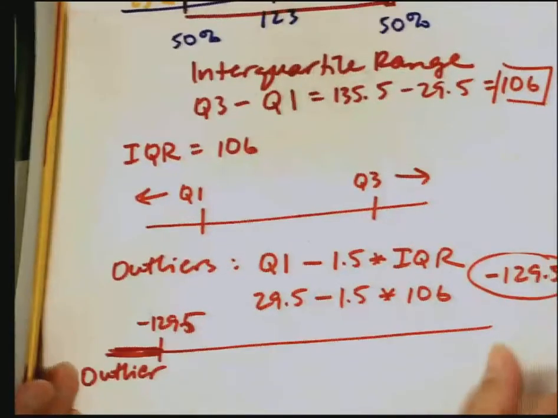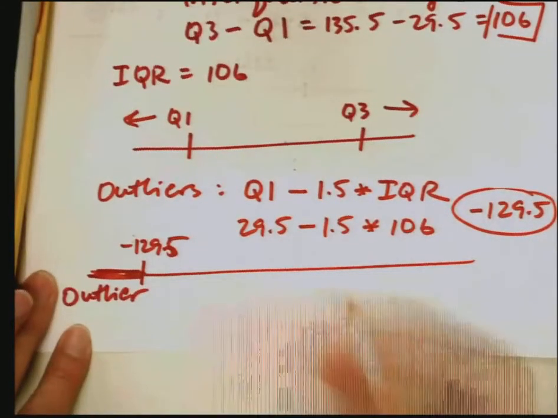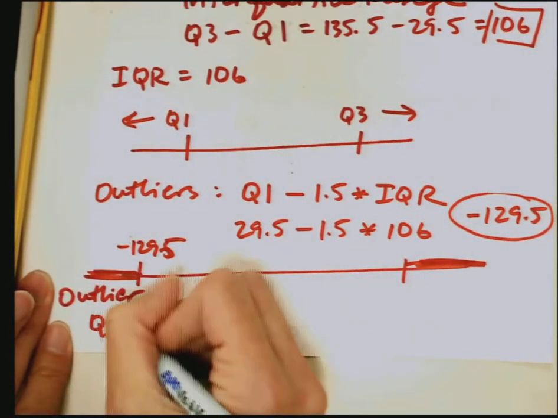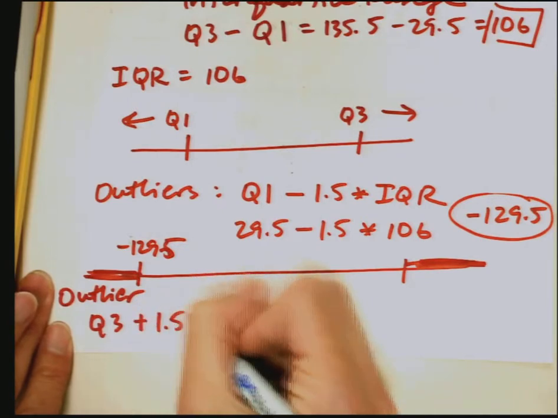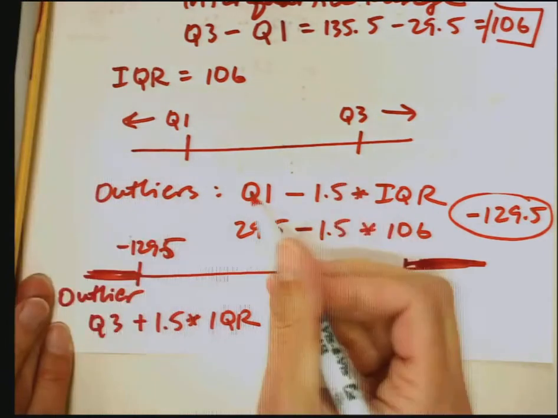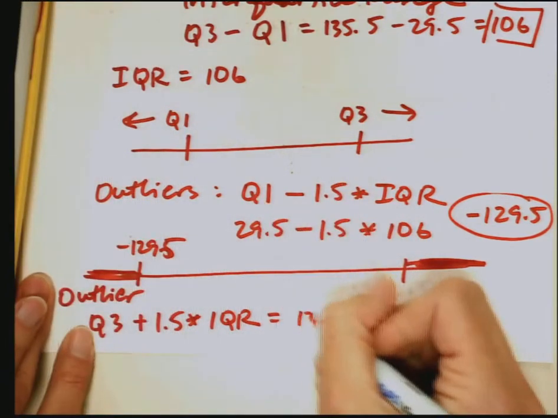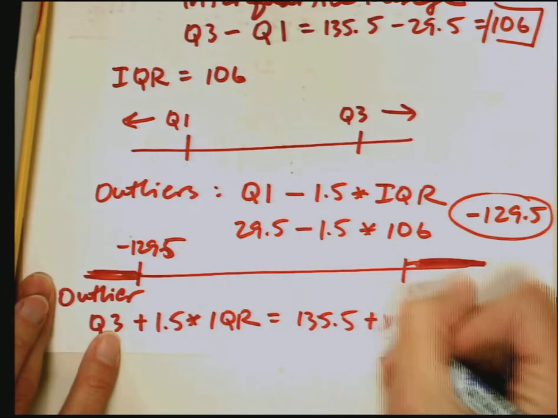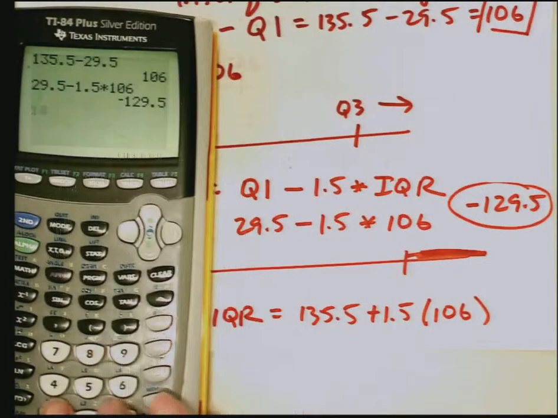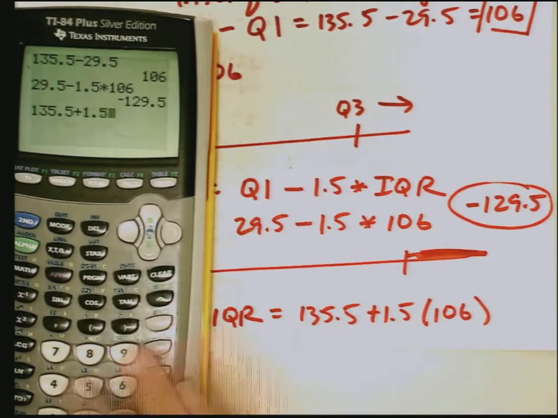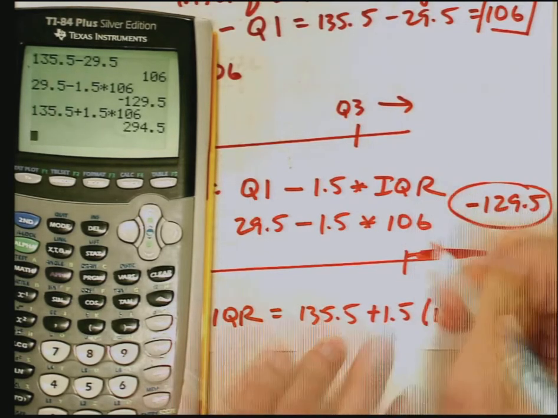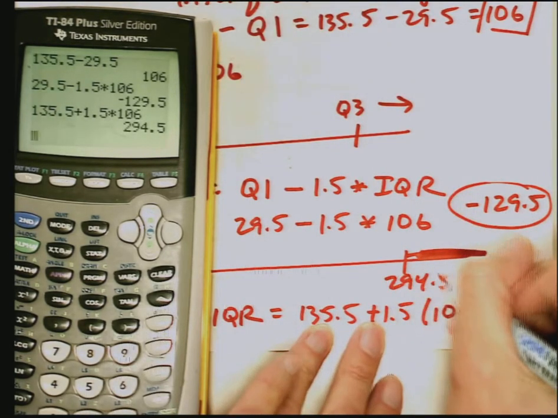Okay, let's do outliers on the right. That would be quartile 3 plus 1.5 times the interquartile range. Quartile 3 is 135.5 plus 1.5 times 106, which gives me 294.5.